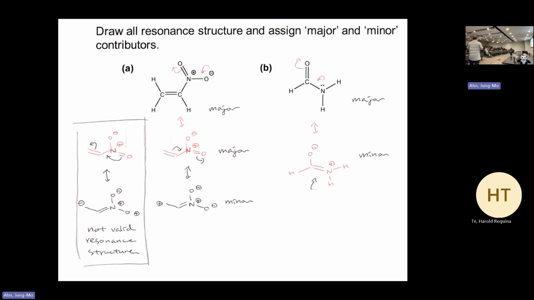That partial double bond characteristic between the carbon and nitrogen can be explained by the minor contributor, like a double bond there. So sometimes the minor contributors, even if minor, explain why it shows certain characteristics. So that's why we sometimes count the minor contributors carefully.